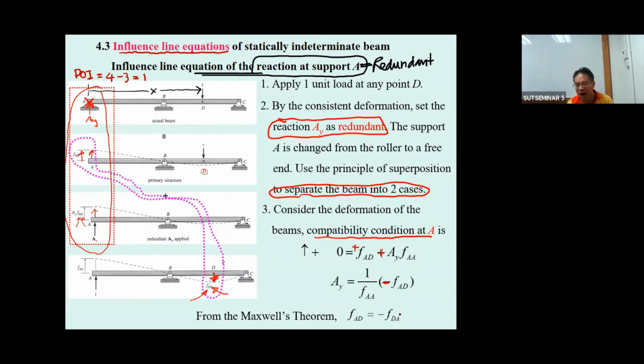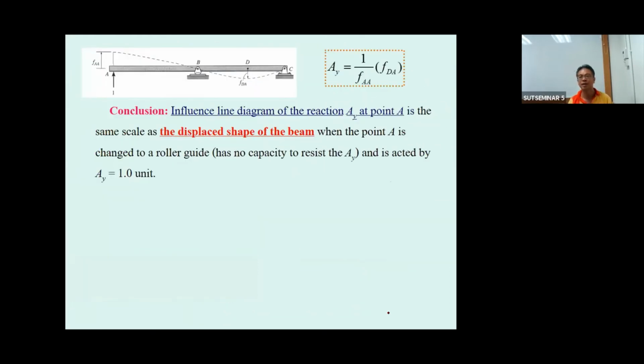Okay, so by doing this, you just change this one. Okay, minus F sub AD equal to positive F sub DA. So you get the equation to determine the influence line of A sub y.